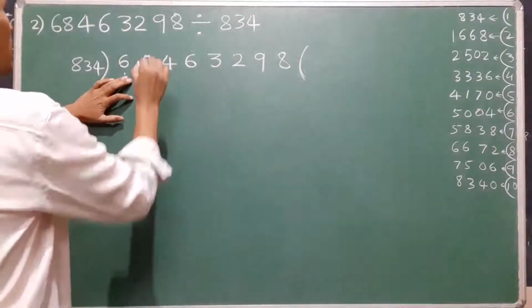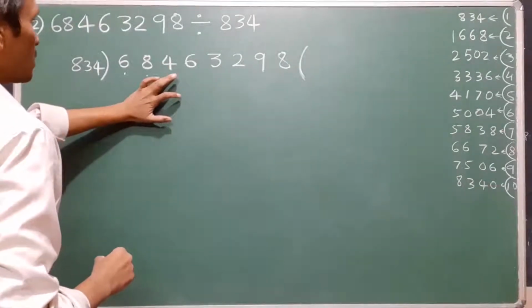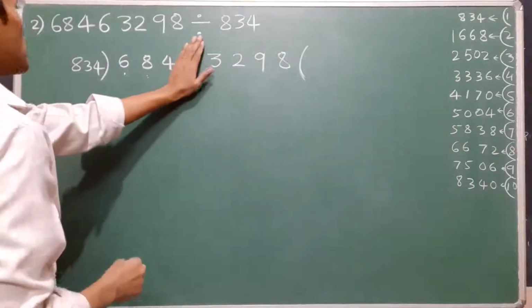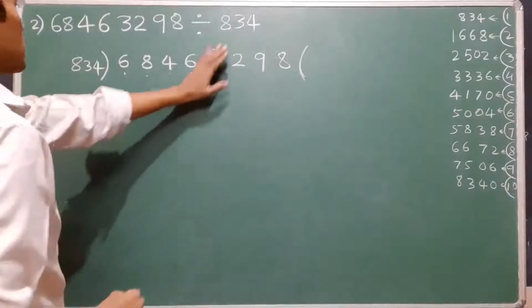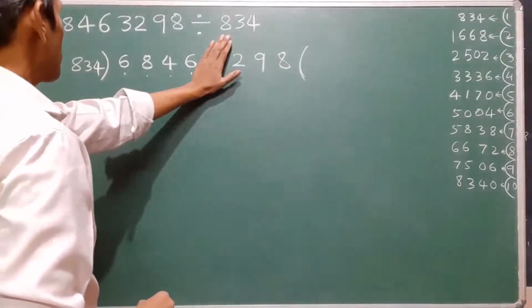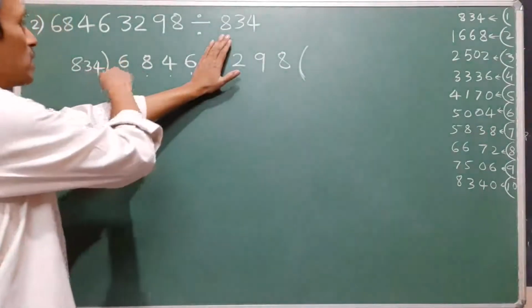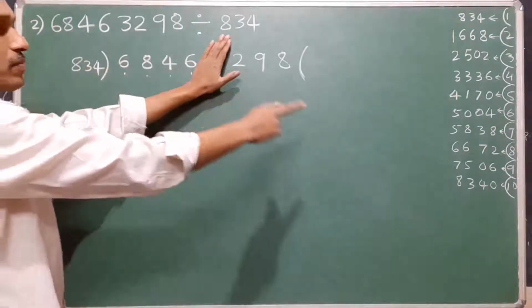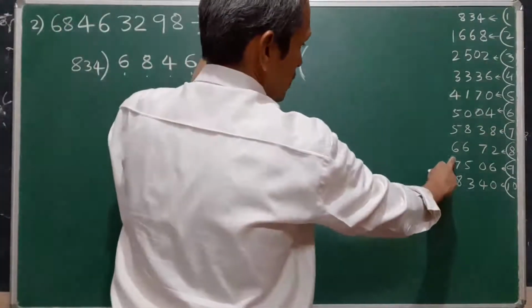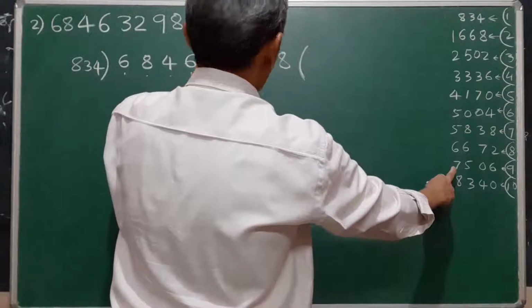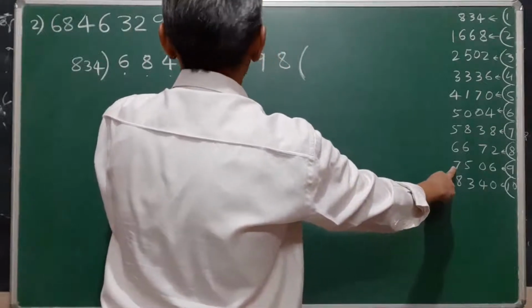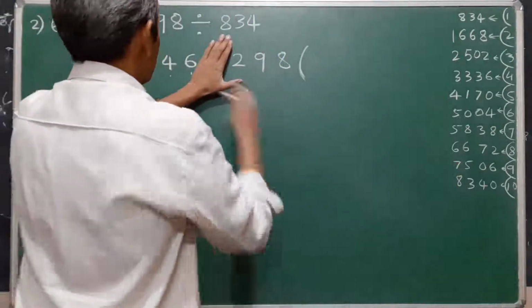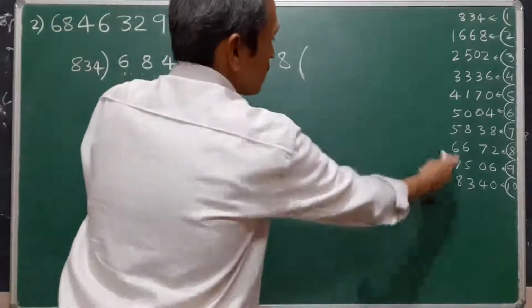No. Take the next, 68 is not there. 684 is also not there. We will take the next, 6846. We will search for 6846 in the 834 table. 7506 is there, which is greater than 6846. So we will take the one just less than this, that is 6672.